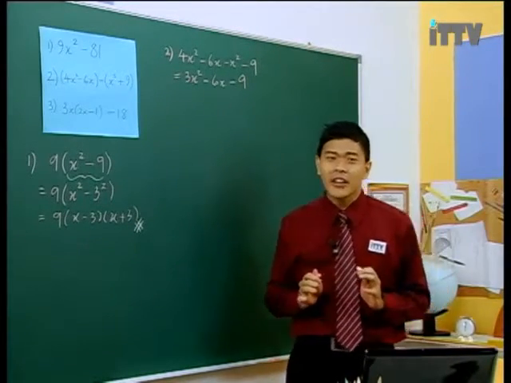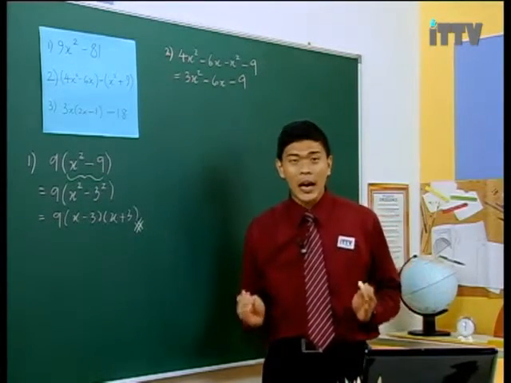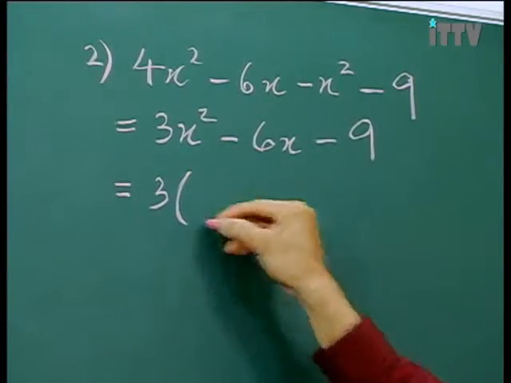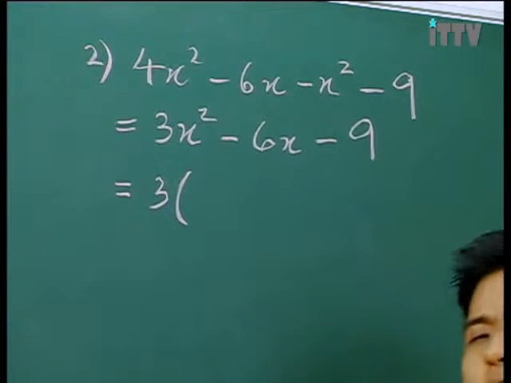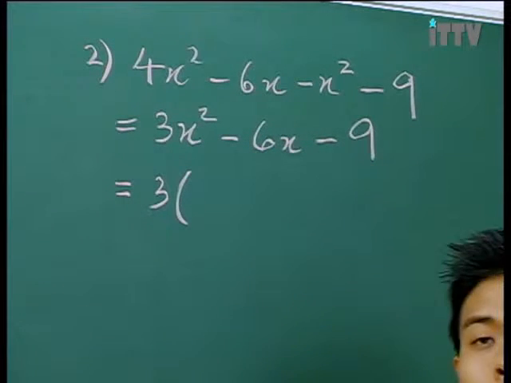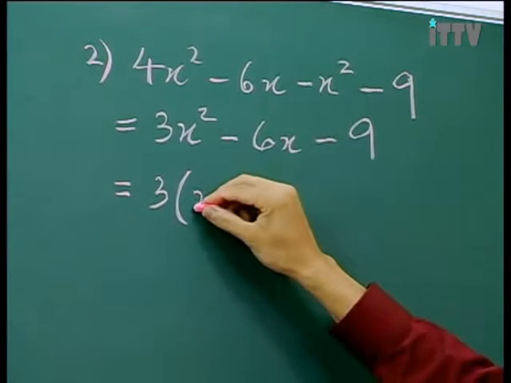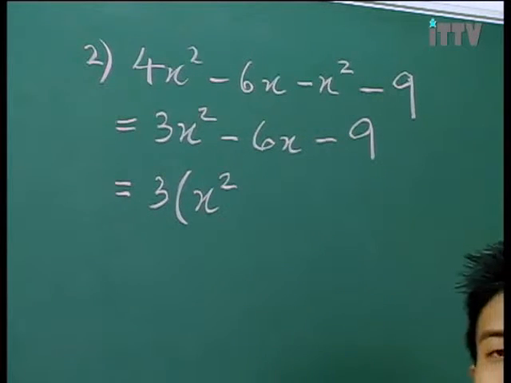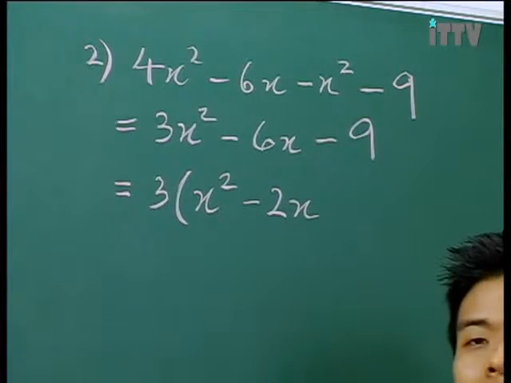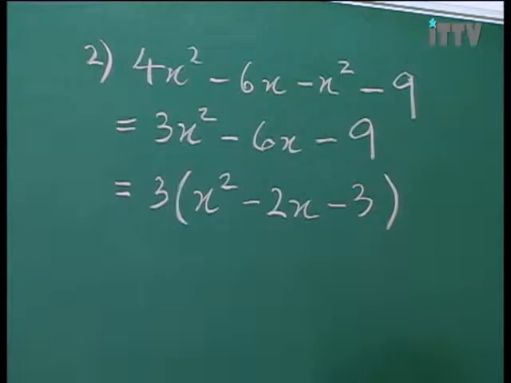So we have a common factor here, 3, and the common factor must always be taken out. So take out the common factor and put it outside the bracket. Now reduce the quadratic expression after every term has been divided by 3. 3x² divided by 3 gives you x², -6x divided by 3 gives you -2x, and -9 divided by 3 gives you -3.